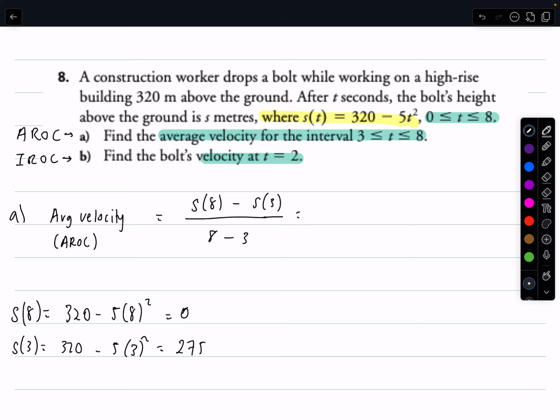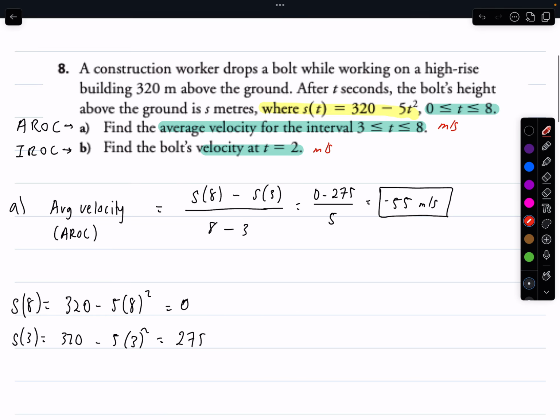If we take those numbers and plug them in here, we get 0 minus 275 all over 8 minus 3, which is 5. And we get negative 55 meters per second. So that's what the average velocity is. And remember, velocity is in meters per second, that's why I knew that the units would be that.